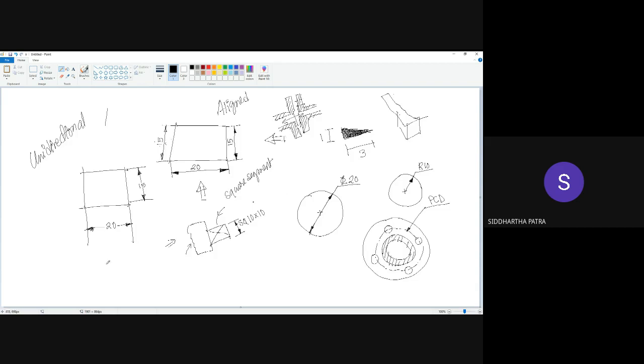In 3D, it would probably look like this. So this is the flange, and then you would have another pipe segment with the flange, and then you join these two flanges, and then the pipe joint has been made. Similar to that, that's where this PCD comes in.